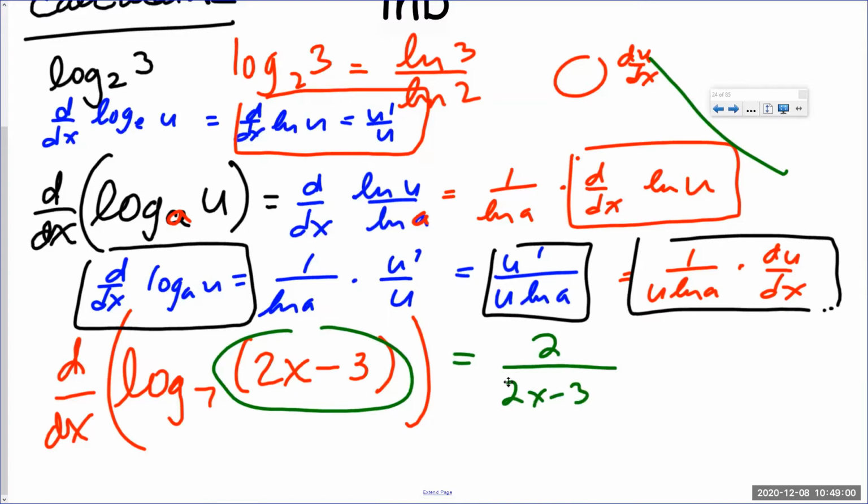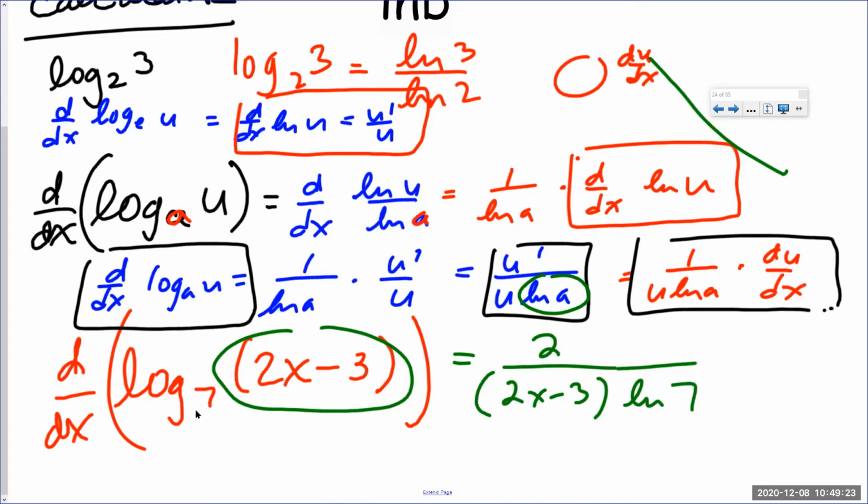You guys see how easy that is? But all you have to do is add in this ln of a. And this is where students have trouble, but it's not actually very hard. Now I'm going to put this in parentheses, because it actually has to be this whole thing multiplied by ln of 7. You see where I got the 7? It's just whatever this base is, and this is a 7.